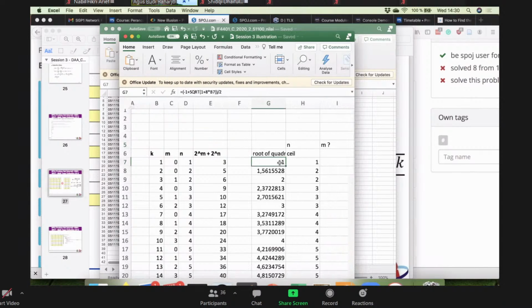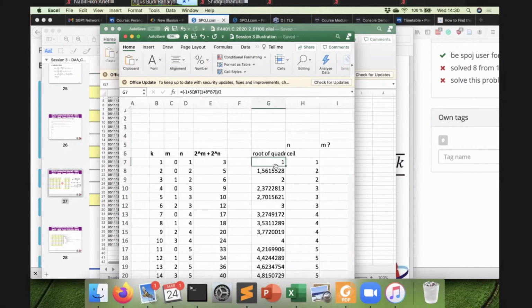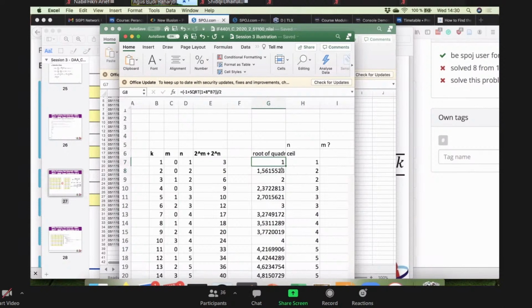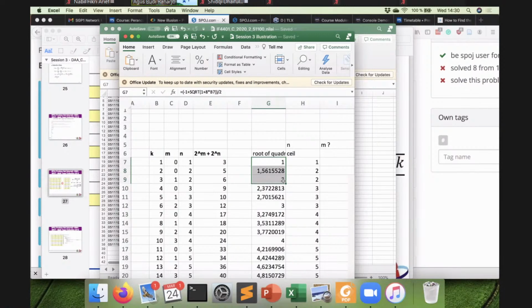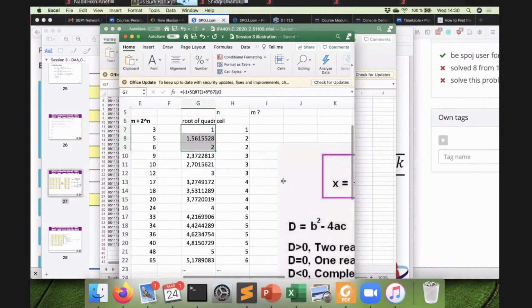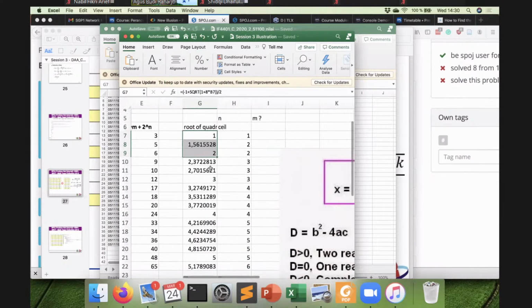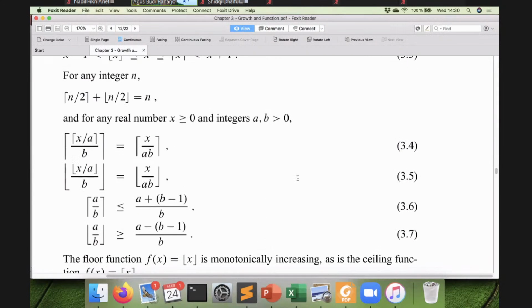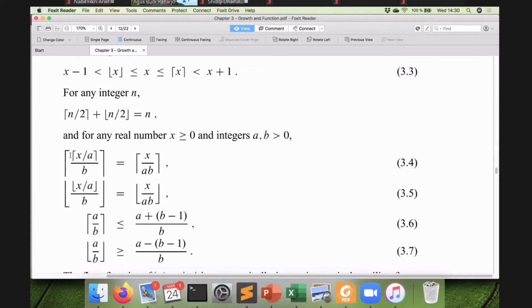Okay, after that, we divide by 2 and we calculate. So we got this answer, the root of the quadratic function. And as you remember from the current course, there are floor and ceiling.